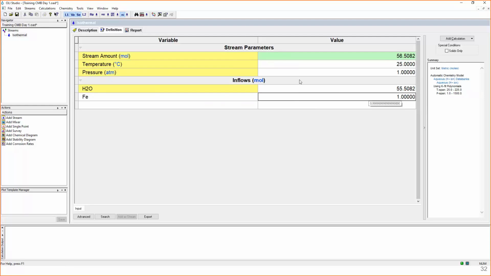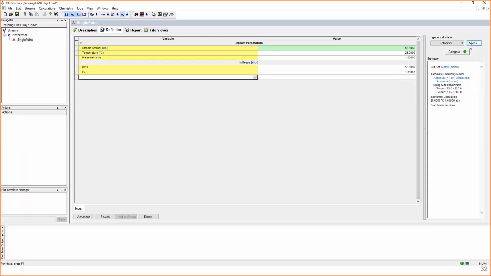So once we have created this stream here, the next step is to add a calculation type, okay? So we go to the right here where it says add calculation. We're going to click on it and select single point, okay? So again, you'll have the single point here. It's a hierarchy, under the isothermal calculation.